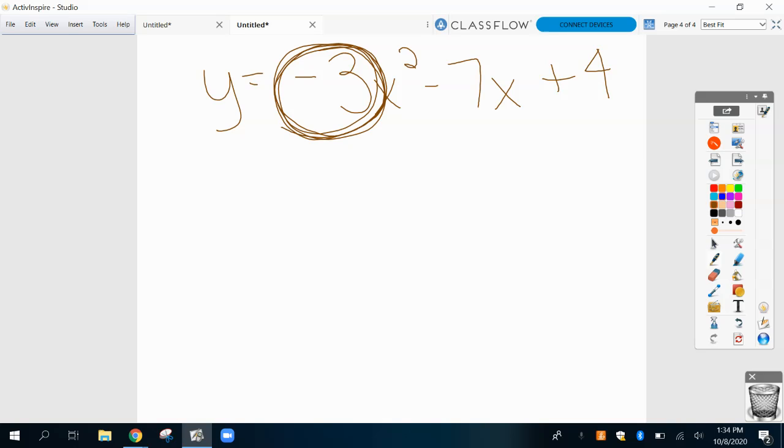Okay, so that is a negative 3 is the a value. And when the a value is negative, that means our parabola opens down. So does this type of parabola have a high point or does it have a low point? And hopefully we would agree that it has a high point. So we would say that this has a maximum. Okay, if the parabola opened upwards, we would say that it had a minimum.